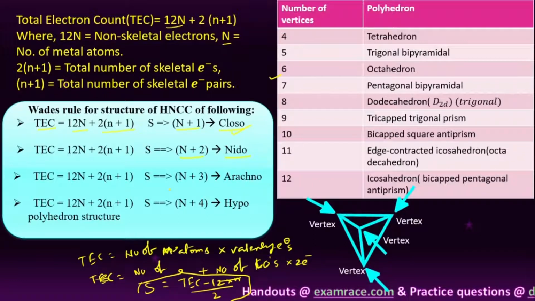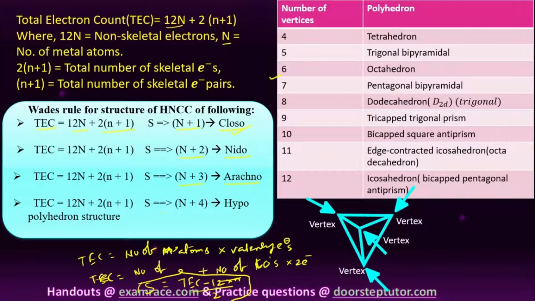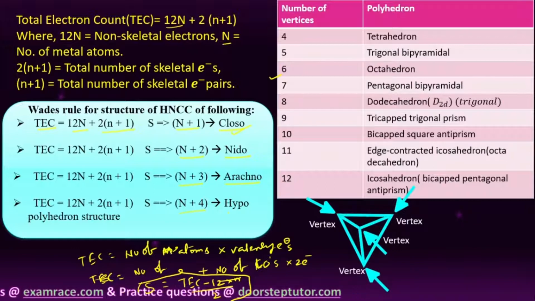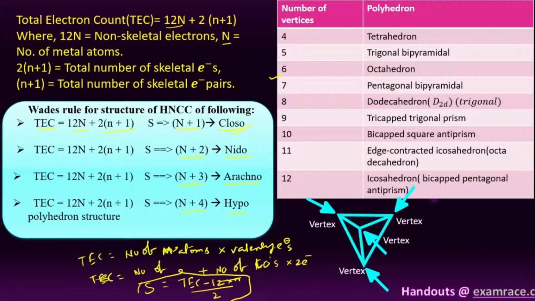If S is n plus 3, it is arachno. If S is n plus 4, it is hypo. So skeletal electron pairs n plus 1 gives closo, n plus 2 nido, n plus 3 arachno, and n plus 4 hypo.